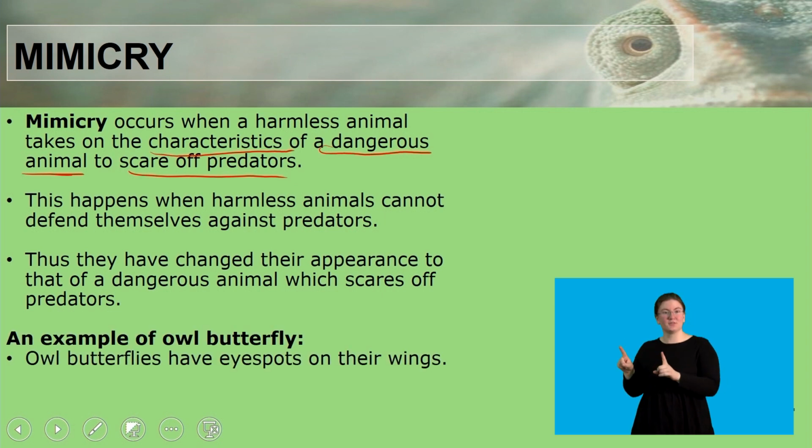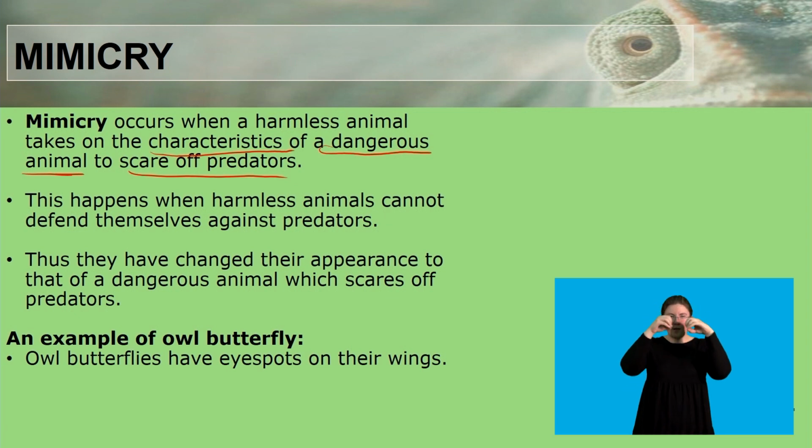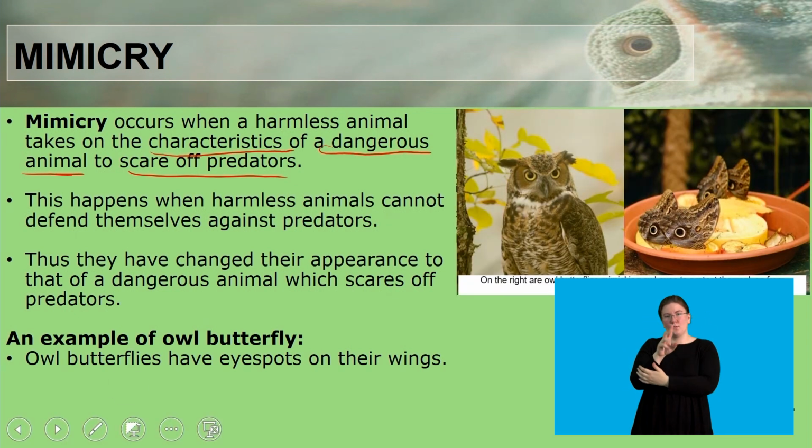An example is an owl butterfly. Owl butterflies have eye spots on their wings. If you look at this picture, this is an owl butterfly, and there you see the owl spots and the eyes of an owl.